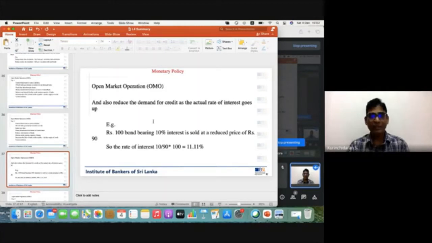This also we have to see from another angle. When they do the open market operations, the interest rate at which the security is sold is very important. That interest rate can trigger the bank.